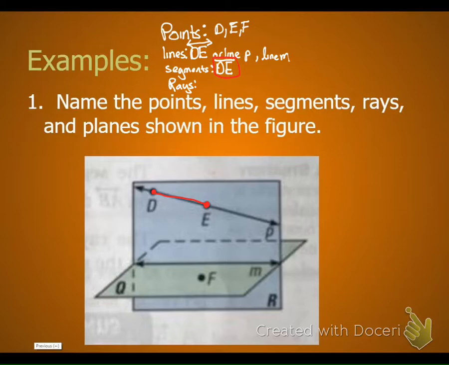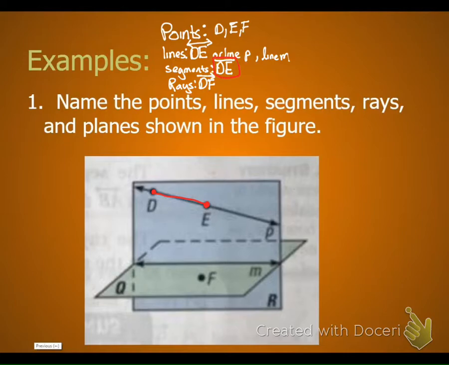So we have 2 rays that are on that line. We have, let's try it again, ray DE, where the endpoint is at D and it continues on past E. So I'm going to show you how that's written. We have DE. You write it like this with an arrow on the end, it continues.